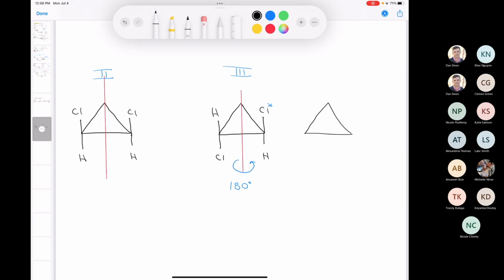It would be the exact same thing, but now the chlorine with the star would be down here, and the other chlorine would be the one pointing up, but there's no way for you to distinguish between these 2. So this is what we call rotational symmetry, and this is a plane of symmetry. Does that help?